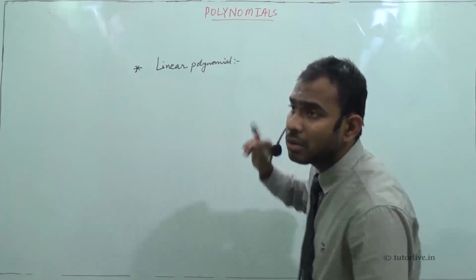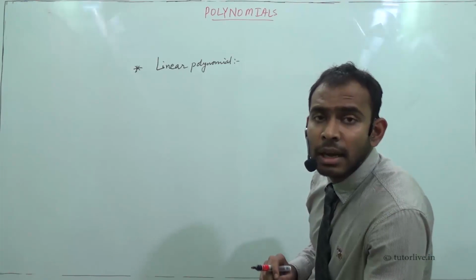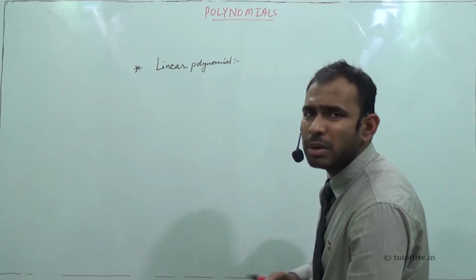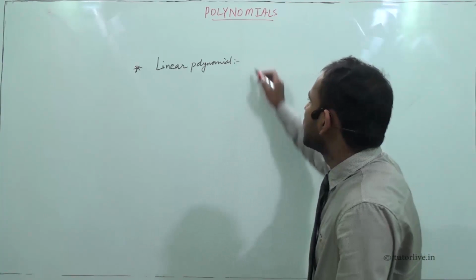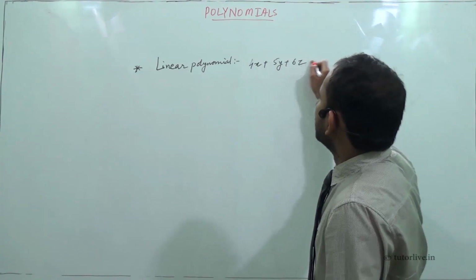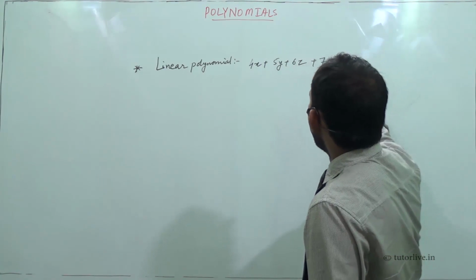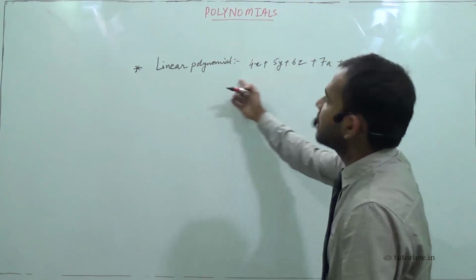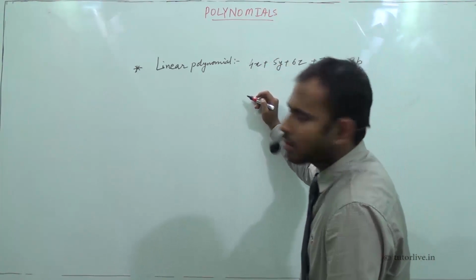The only thing to keep in mind is that the highest power in a linear polynomial is 1. It may have any number of variables, but the highest power is 1. Let's say 4x plus 5y. That's a polynomial, of course, but it is a linear polynomial. The highest power is 1, right?